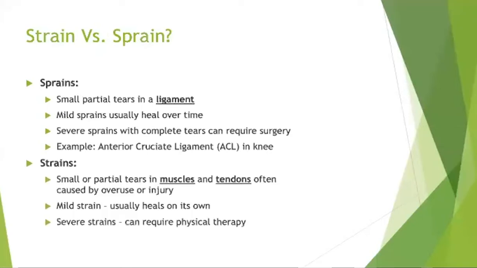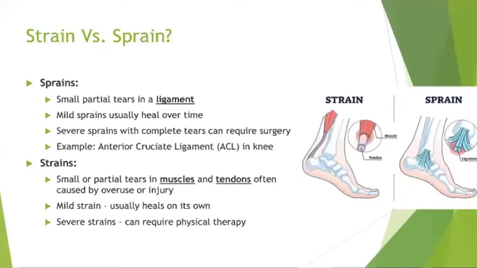A strain is a small or partial tear in the muscle and tendon, often caused by overuse or injury. A mild strain usually heals on its own. Severe strains can require physical therapy. And here's a good picture just to differentiate between the two. So the strain, you can see this is the Achilles tendon. This is your gastroc muscle, attaches to your heel. And then a sprain is going to be more of ligaments, and this would be in your ankle.